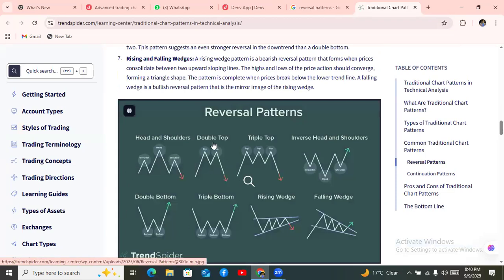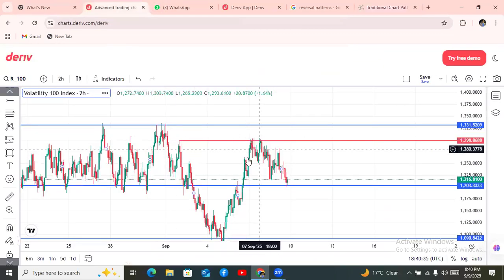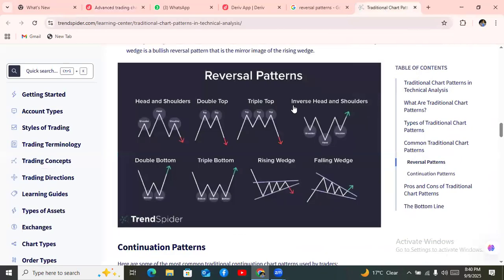I'm looking for any of these patterns because these are the only patterns that are able to give us a possibility of the market reversing. So we either look for head and shoulders because the market is now up. We want the pattern that is giving us a possibility of selling from that level.